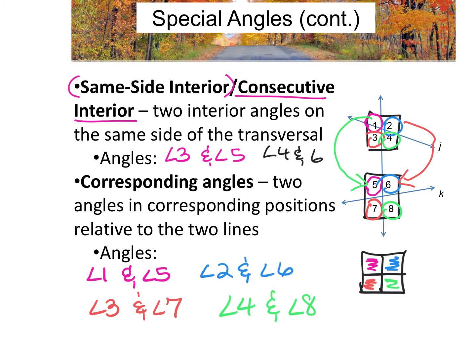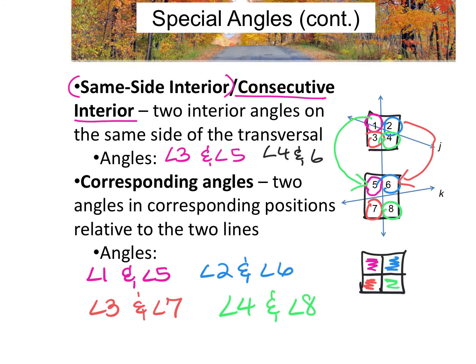Another way to think of it is one is inside, or an interior angle, and one's an exterior. Again, we're not looking for adjacent, because we could have one inside, one outside, but they would be adjacent. We don't want the adjacent. So different ways to think about it. Either think about it in the same corresponding spot, or think about it's on the same side of the transversal, it jumps over one of the angles to get to its corresponding one.